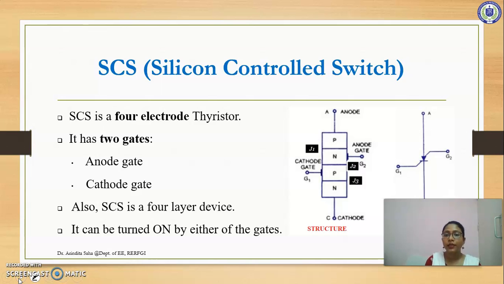In the basic SCR, the gate is connected to the P region which is near the cathode, and in the case of the PUT, the gate is connected to the N region which is near the anode. So this is a combination having 2 gate terminals, G1 and G2, one for the cathode gate, another for the anode gate. The SCS can be turned on by either of the gates.